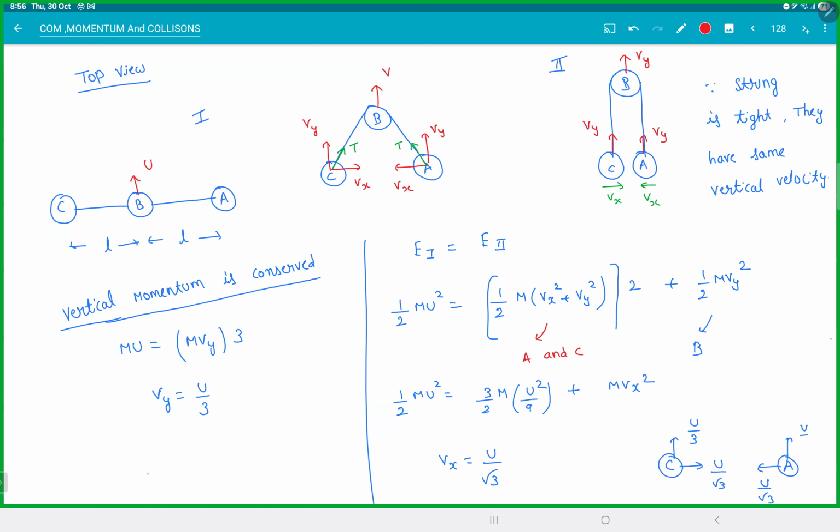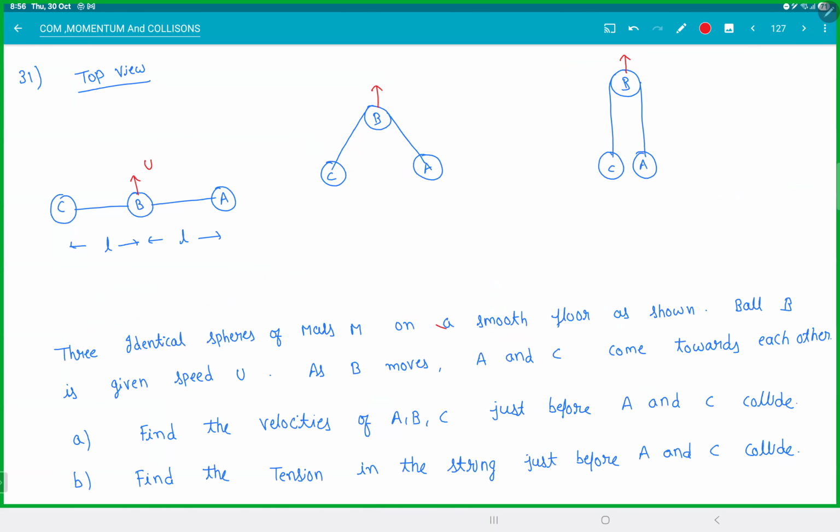They're in a horizontal plane. I said, no, they're on a smooth floor. The particles are on a smooth ground, so there is no gravity.